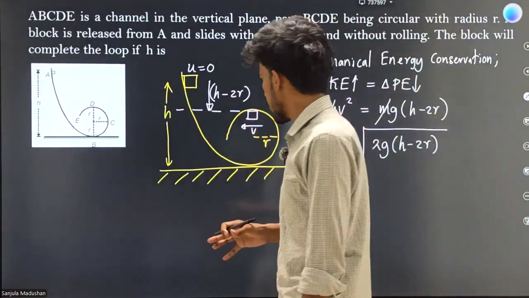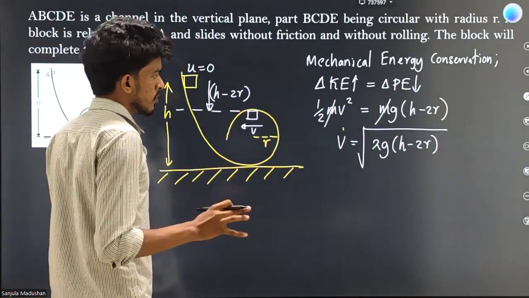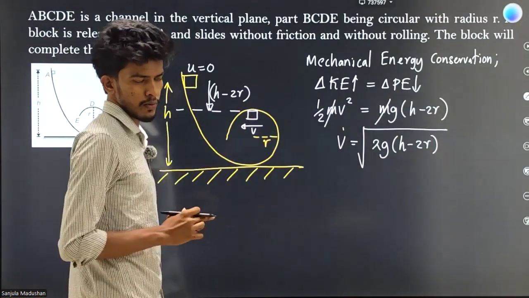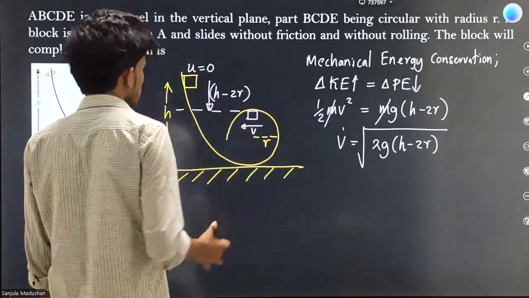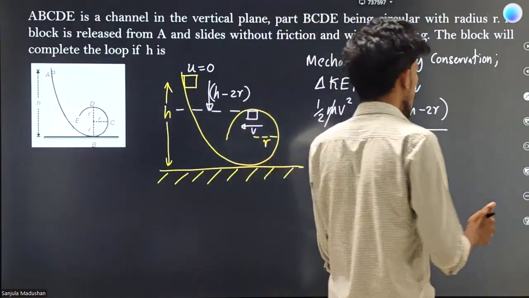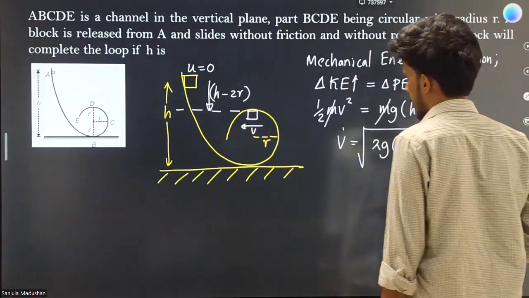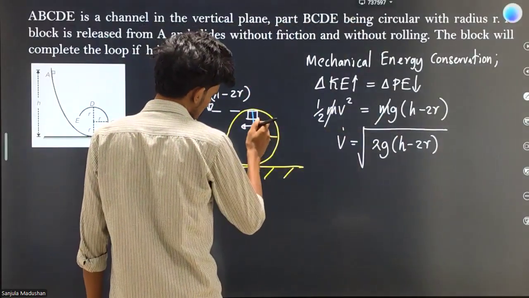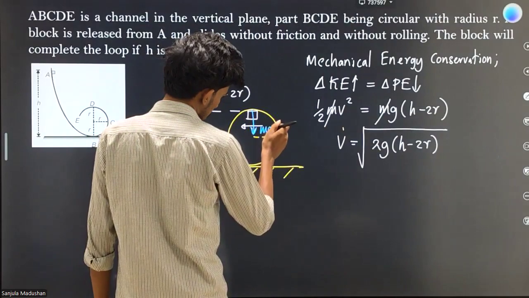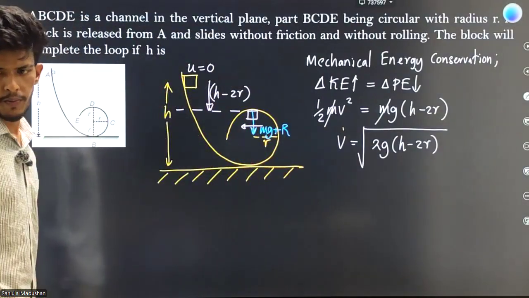Now I just have to use some theory based on vertical circular motion. In any kind of circular motion, we have to mark the forces. The forces marked here are its weight and its perpendicular reaction.